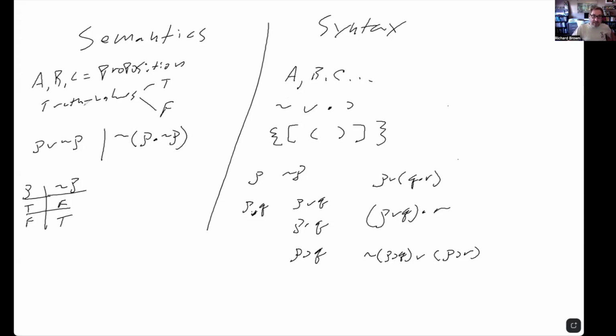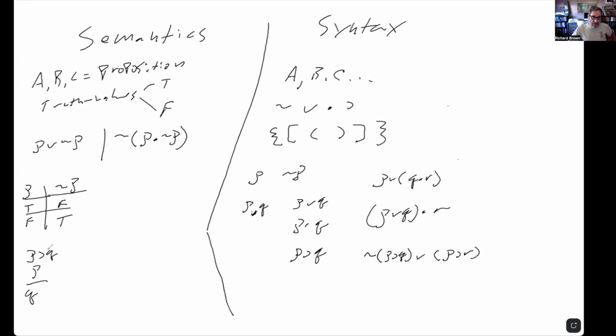And all of this is to say that the meaning of these things for us was given in terms of these truth functions. So the basic idea is that the letters stand for propositions and the operators are truth functional. So then we went on to prove that there were some valid argument forms. You may recall the last time we looked at modus ponens. This is a valid argument form.